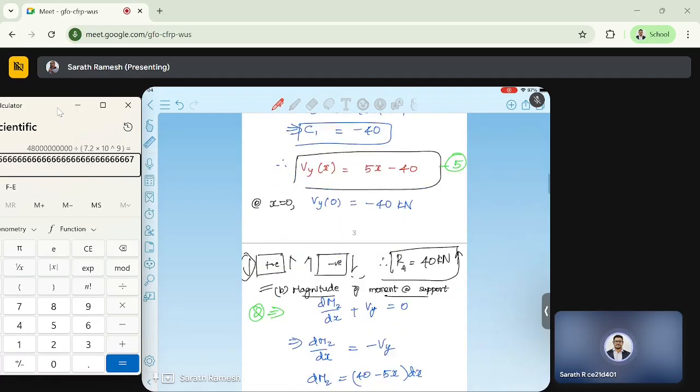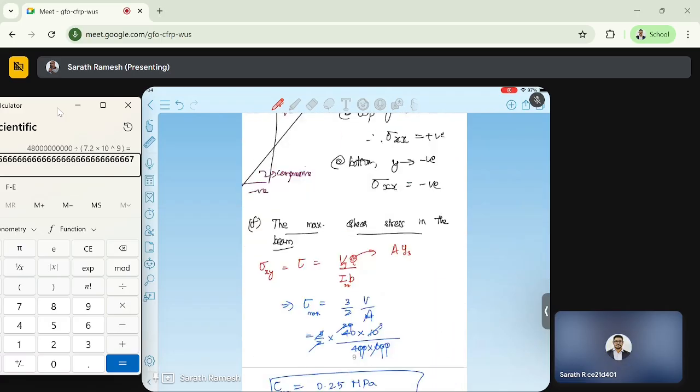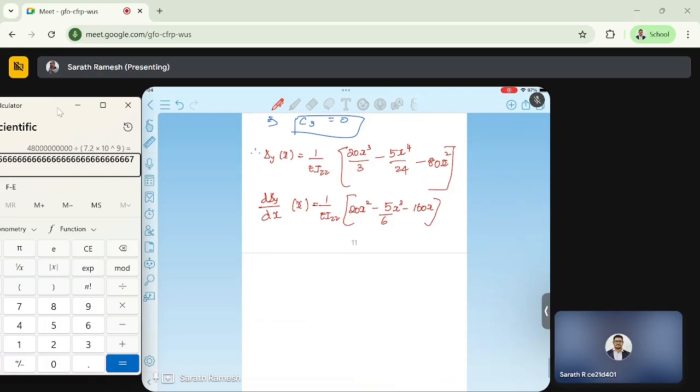So I am going to substitute directly x equal to 8. At x equal to 8, delta y of x equals 1 by EI zz.